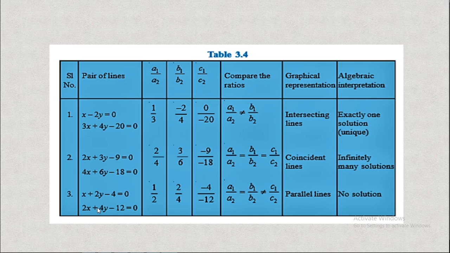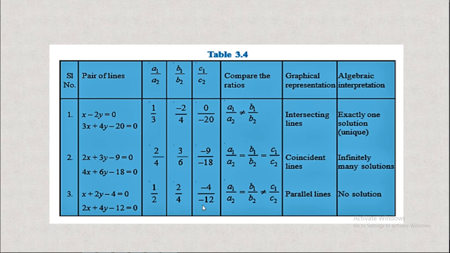And next we can see b1 by b2. b1 is the coefficient of y in the first linear equation, that is 2 here, and b2 is the coefficient of y in the second linear equation, that is 4 here. And next is c1 by c2, that is c1 is the constant term of the first linear equation, that is -4, and c2 is the constant term of the second linear equation, that is -12 here.